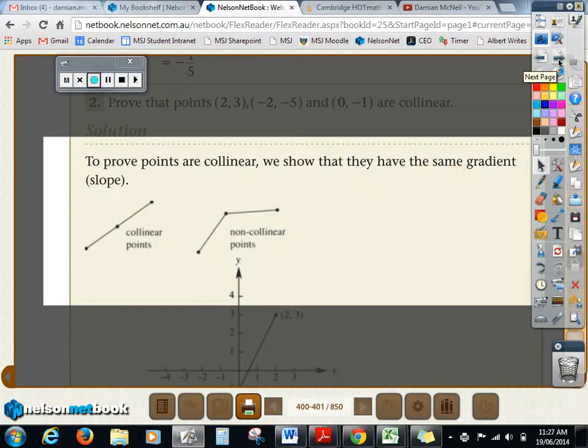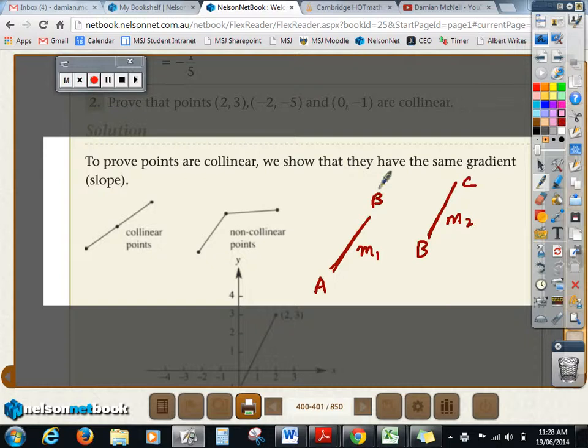So to prove that points are collinear, we show 2 things. We show that this interval and this interval have the same gradient. So this is A and B, and this is B, C. We show that this gradient, M1, must equal M2.